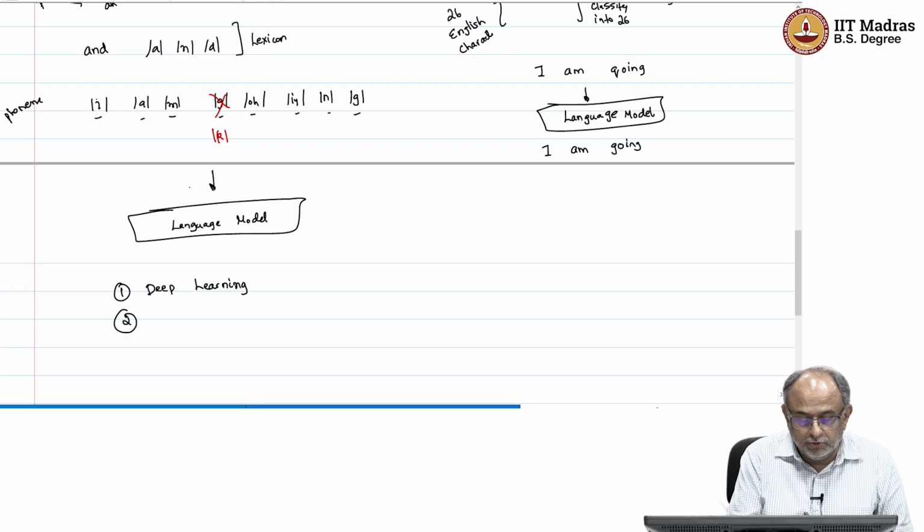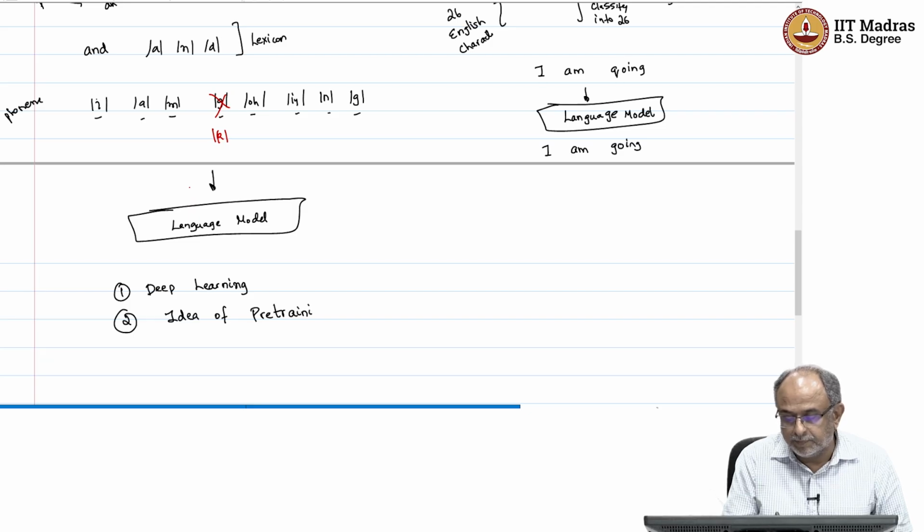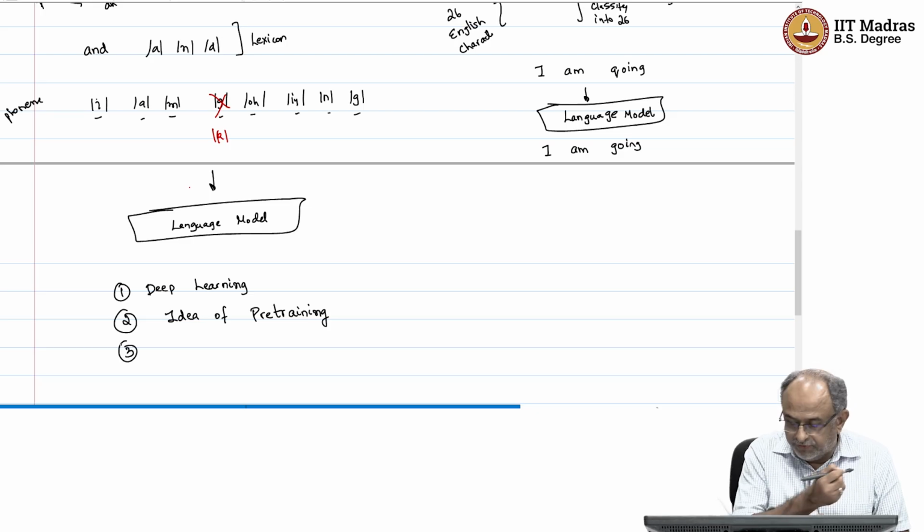Second, we are going to use the idea of pre-training or foundation models. And then we are going to think of fine tuning it for the ASR task.